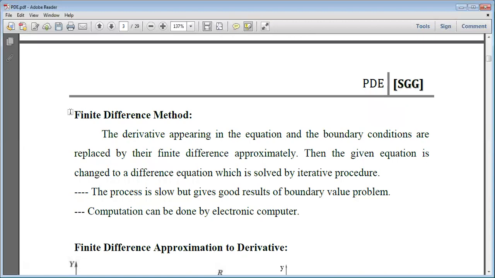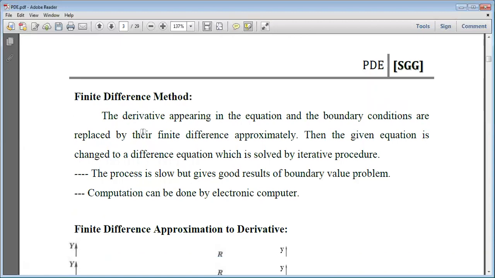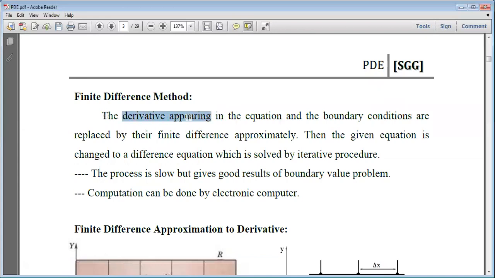Partial differential equations are solved with the help of the finite difference method. The derivatives appearing in the equation and the boundary conditions are replaced by their finite difference approximations. That is the basis of the finite difference method.